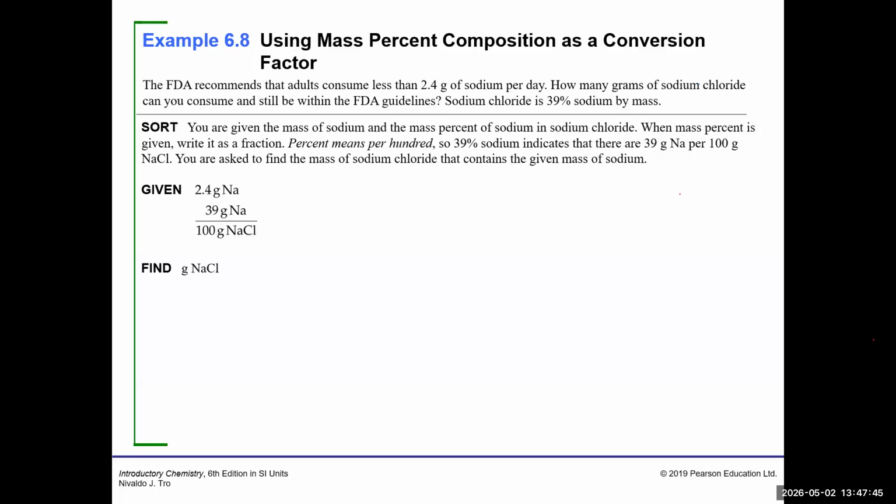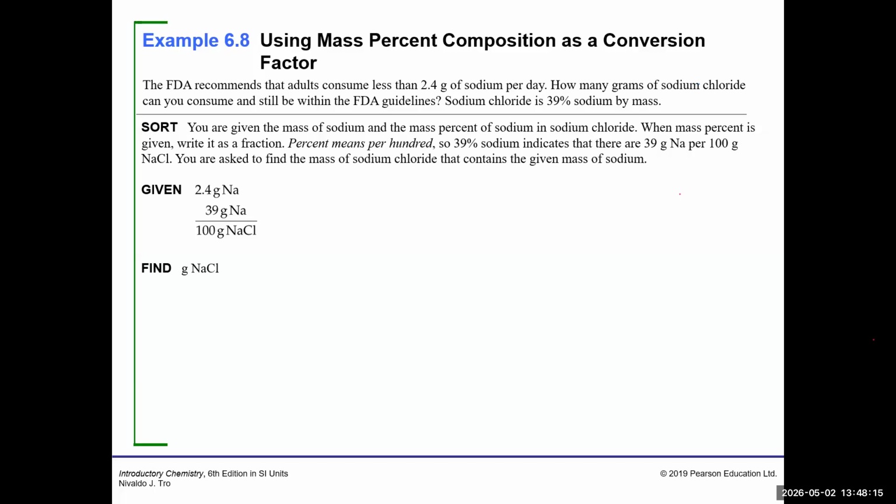So a percentage is any number multiplied by 100. If I have 8 and ask for its percentage, I multiply 8 by 100. If I have 39 grams of sodium and the total amount is 100 grams, I can convert the percentage into grams. In chemistry and mathematics, we do it that way.